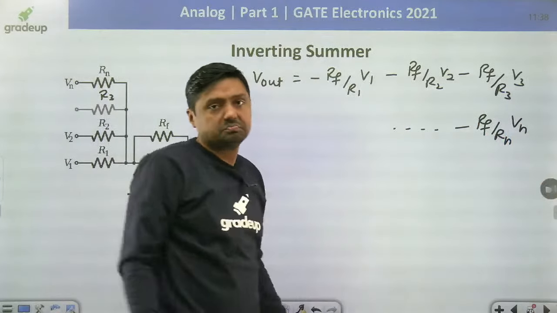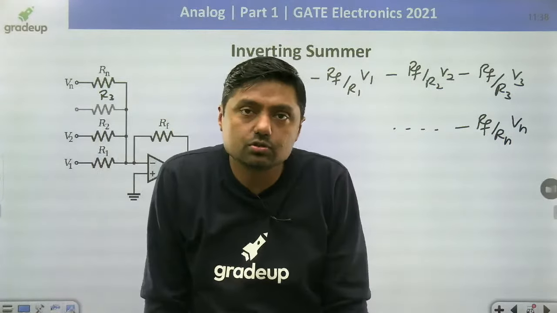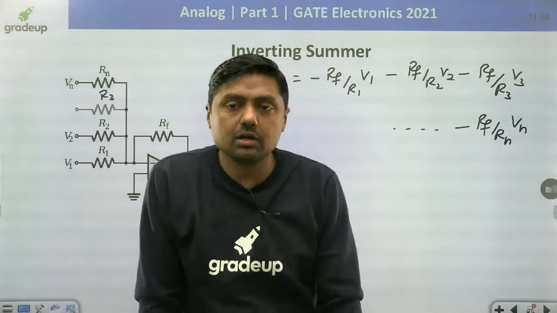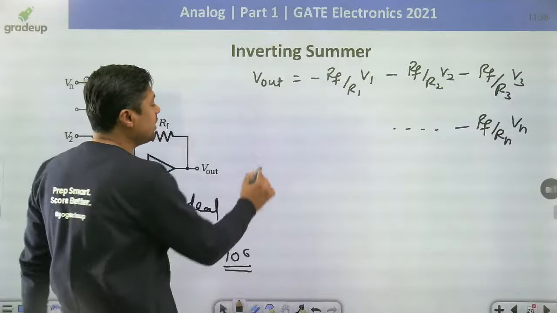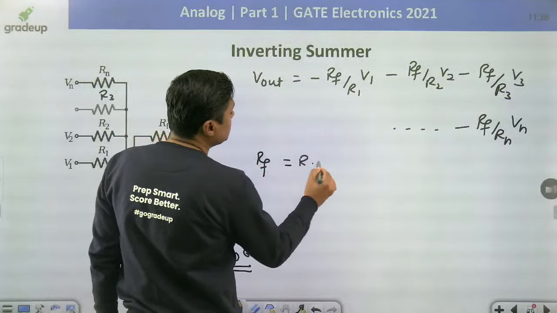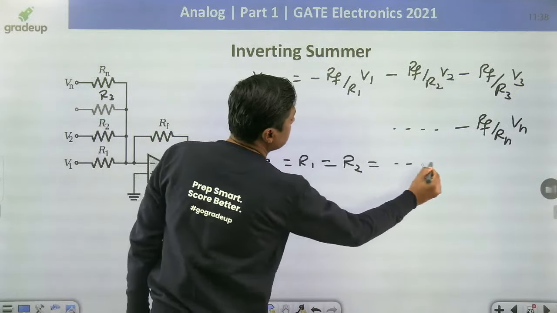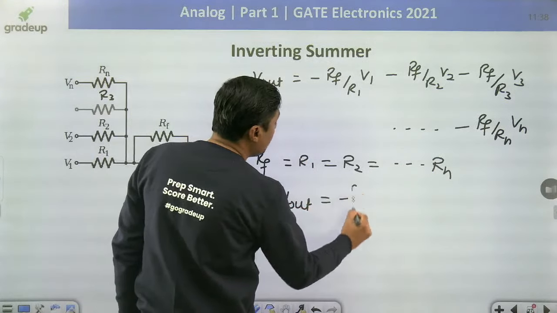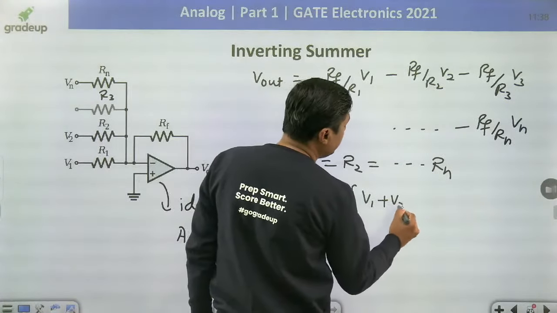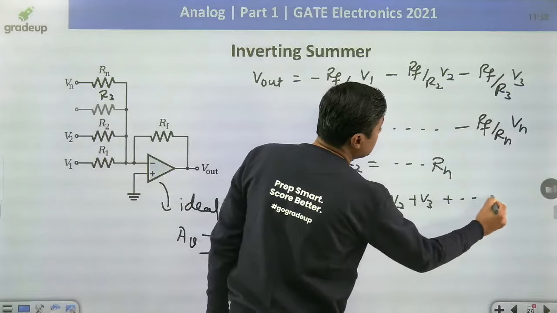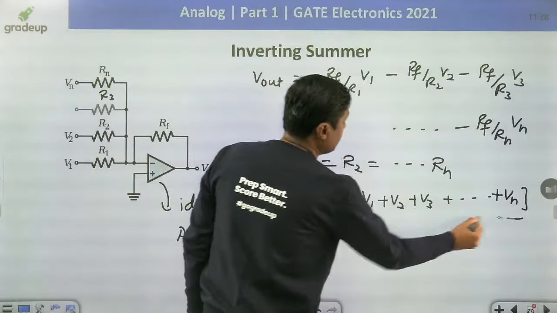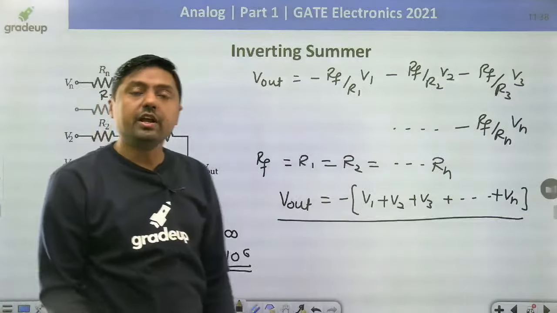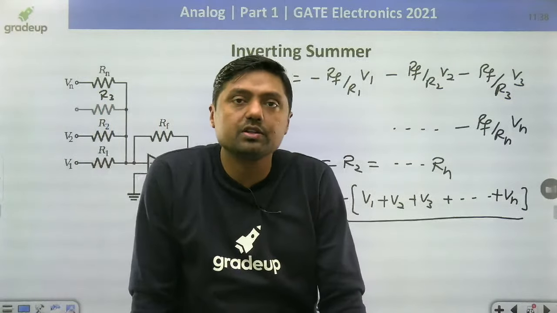If Rf and all the resistors R1 to Rn are equal, then V out becomes minus (V1 plus V2 plus V3 plus Vn).